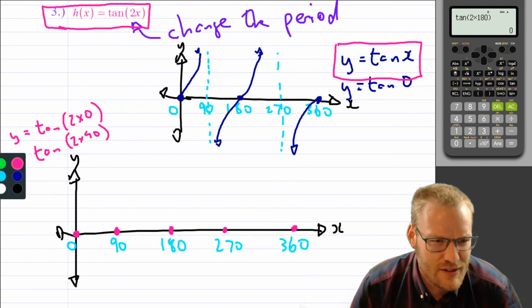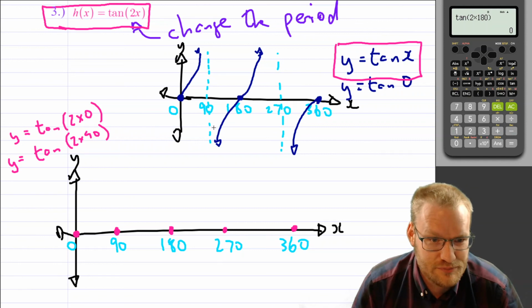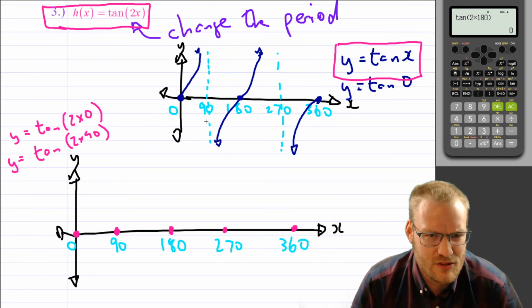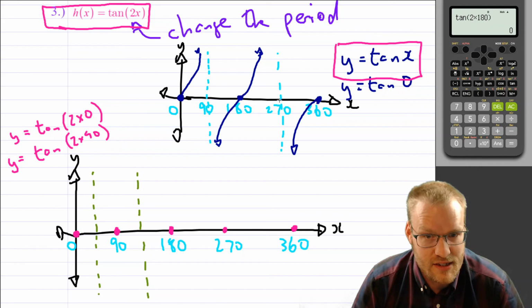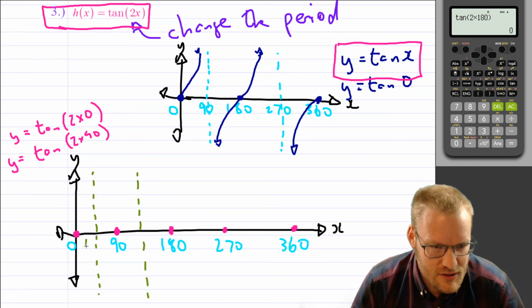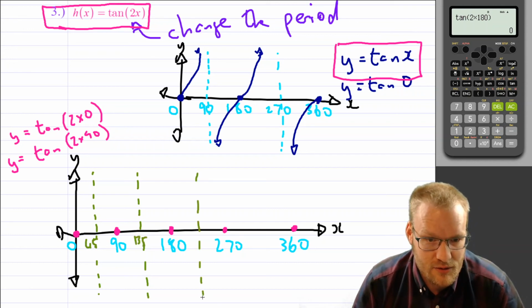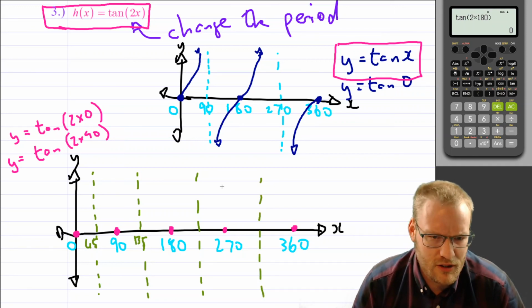So where do you think these asymptotes are going to be? Well, they're just going to happen twice as quickly. So instead of happening at 90, it's happening here in the middle, and it's going to happen in the middle of each of these. So instead of happening at 270, it's going to happen at half of 270, 135, there it is. So this is at 45, this is 135, then we've got another one here, and another one here, and then we have our graph.